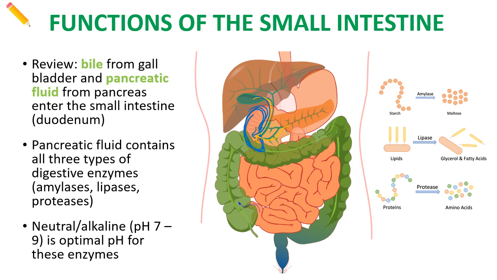And pancreatic fluid contains all 3 of those types of enzymes that we've talked about. So it's got amylases that can digest carbohydrates, it's got lipases for fats and oils, and it's got proteases to break down all the proteins.